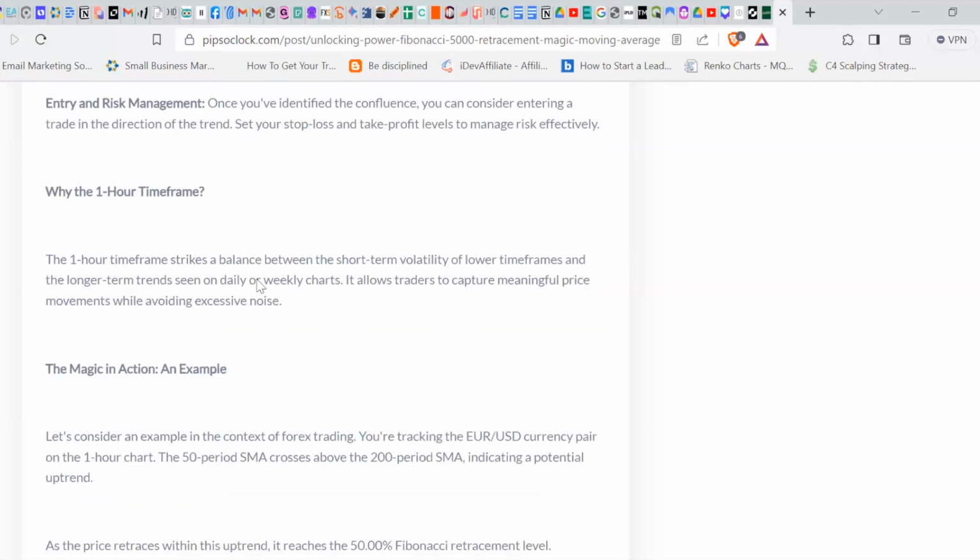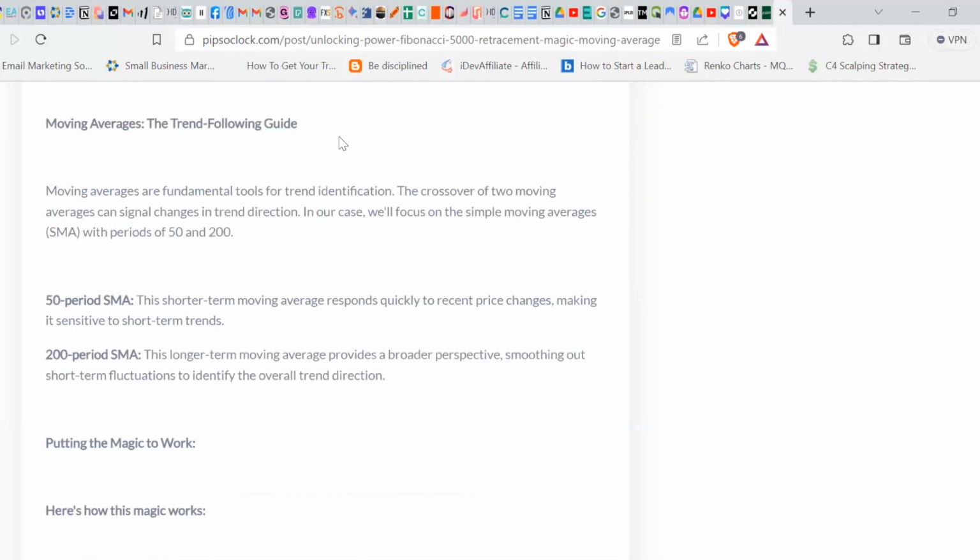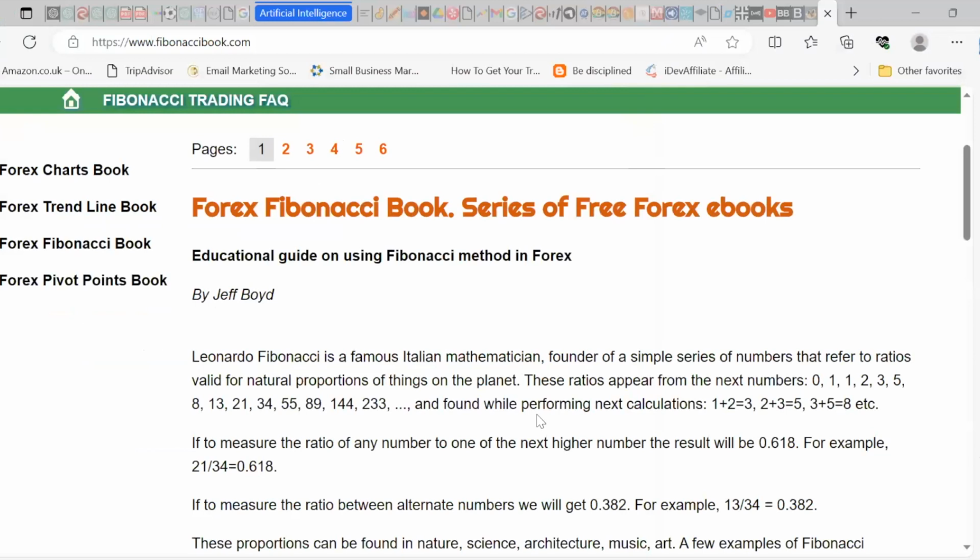Okay, so having said that, let's get back to the genesis of my journey with Fibonacci and why you should care about this tool. That was as far back as 2007 when I just got started with Forex trading.